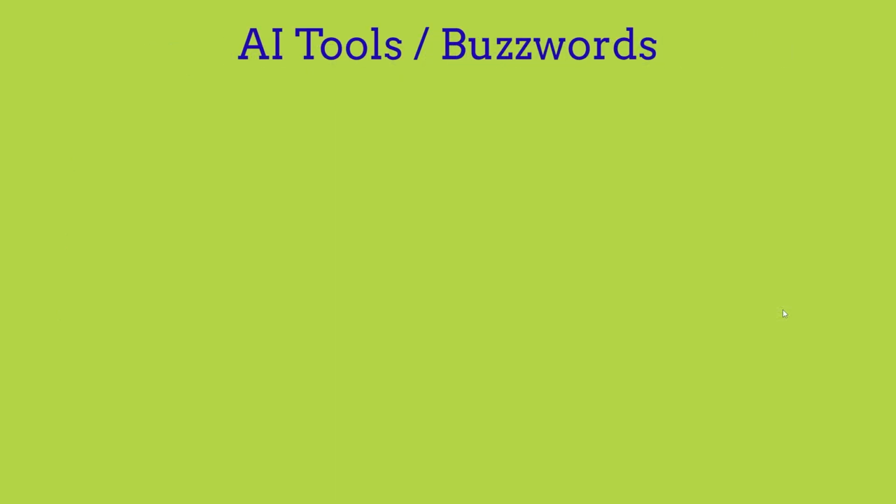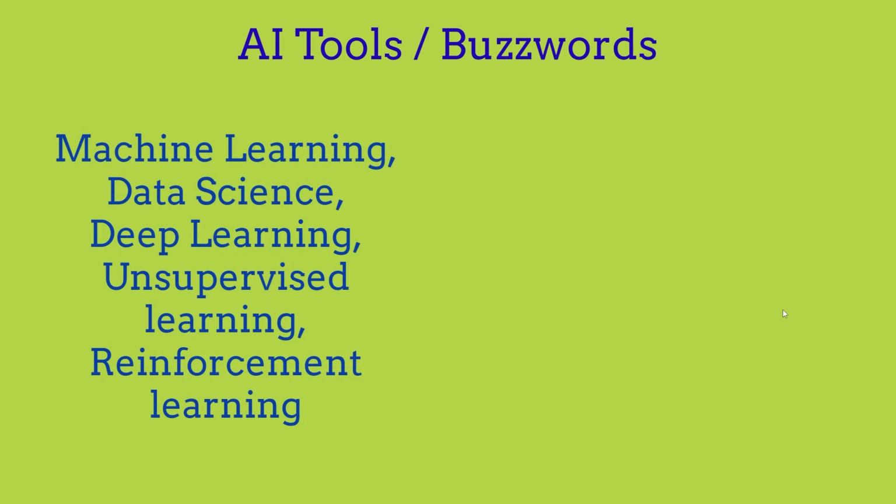Now we're going to talk about what AI tools are, also called buzzwords. These are popular terms used in AI, such as machine learning, data science, deep learning, unsupervised learning, reinforcement learning, and many more. These words are known as buzzwords or AI tools.